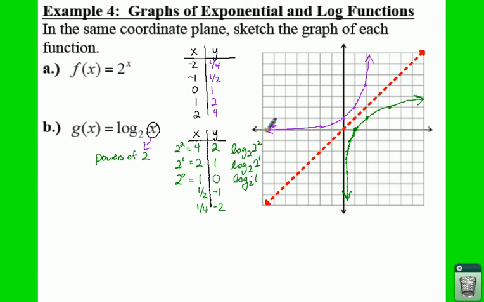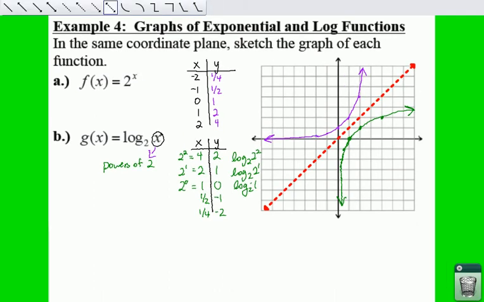Notice one thing you need to check with your exponential function: you have a horizontal asymptote at y equals 0. Well, you don't have a horizontal asymptote for your logarithmic function. Instead, you get a vertical asymptote.